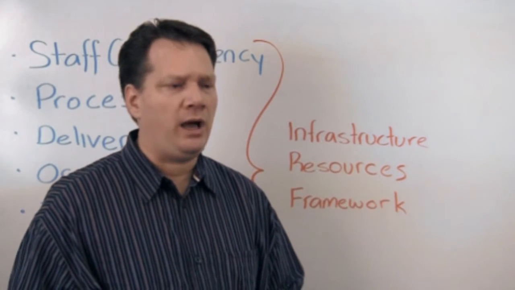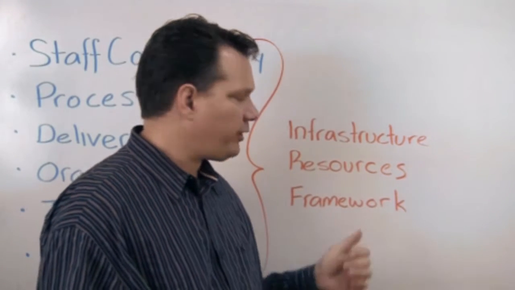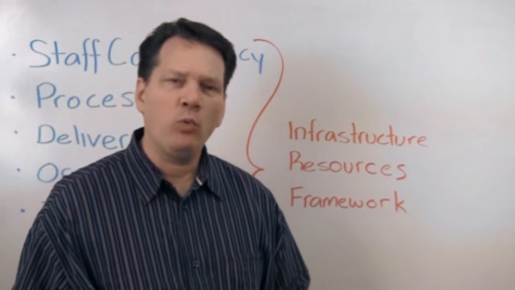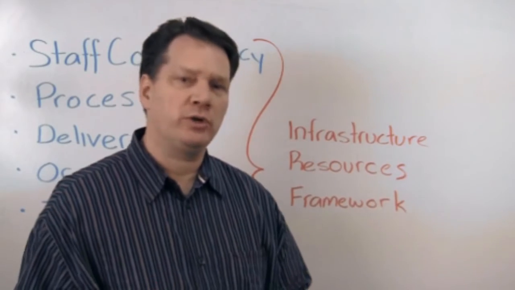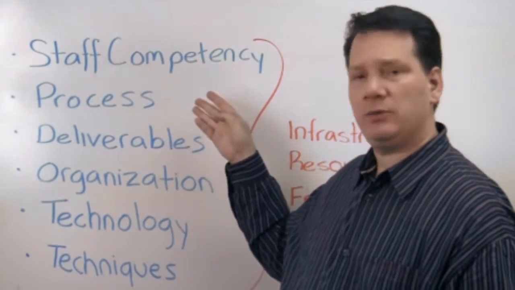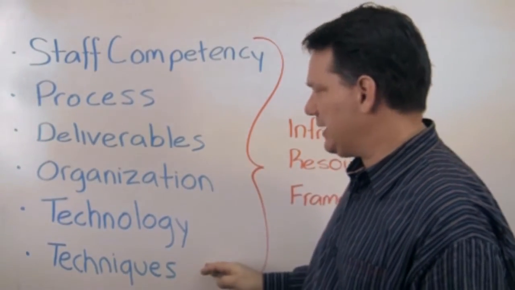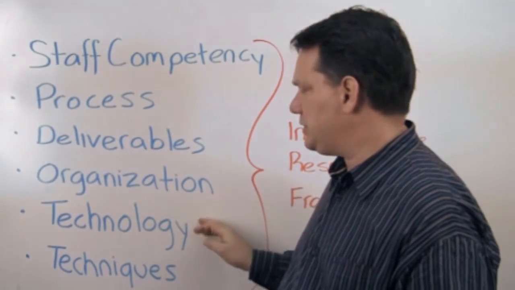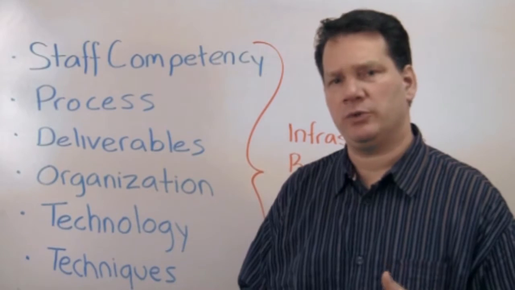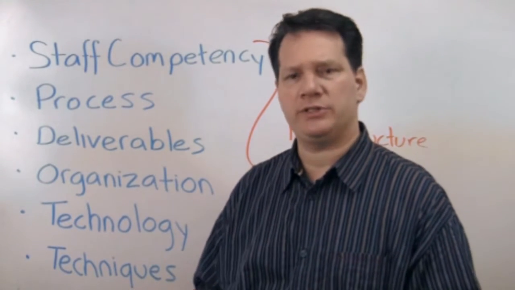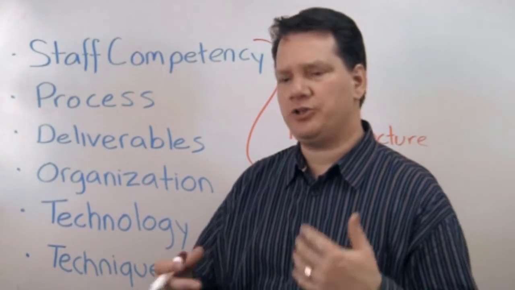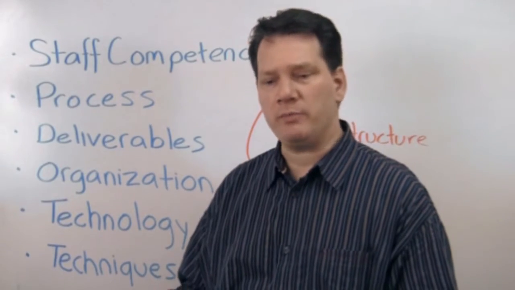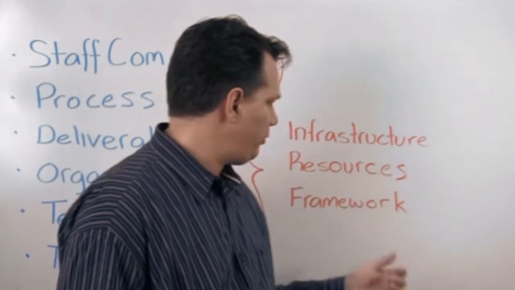And then finally the framework: what is the way we're going to do the requirements? If you look at the competencies, the processes, the techniques and the technologies, who sets them? How empowered is that organization to continue to change and manage? Through what framework are we managing all that? That's really what we mean by framework.